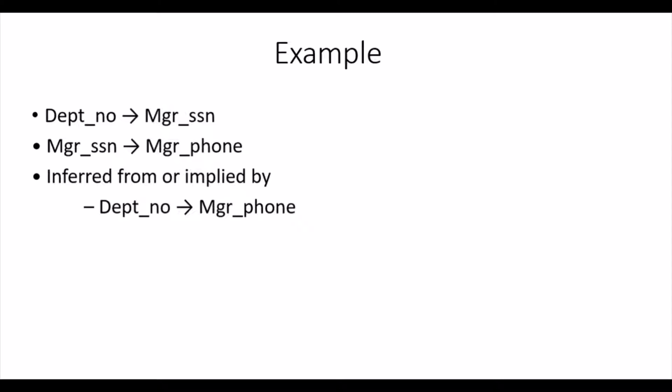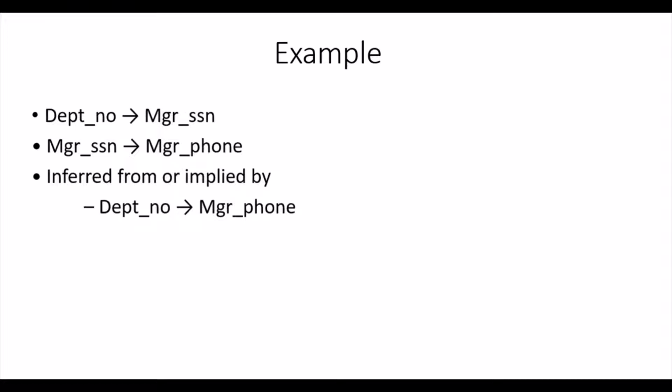Department number implies manager SSN, then manager SSN implies manager phone. So which means department number implies manager phone. That we saw, that is the transitive relationship. So we have two functional dependencies, and from that we can infer a new functional dependency like this: department number implies manager phone.